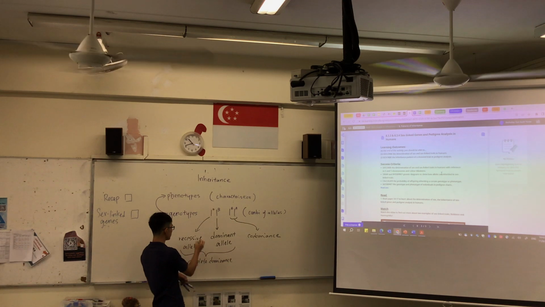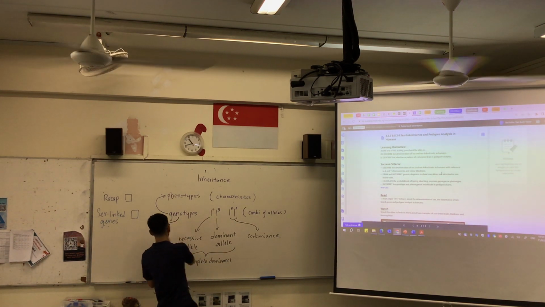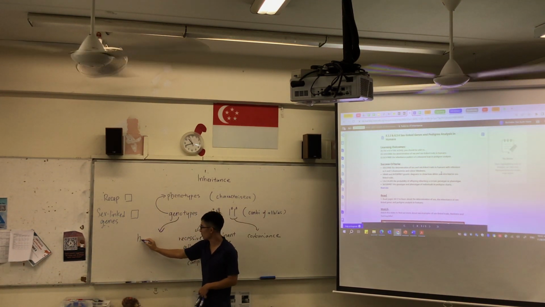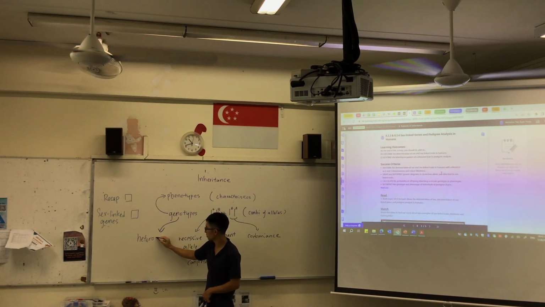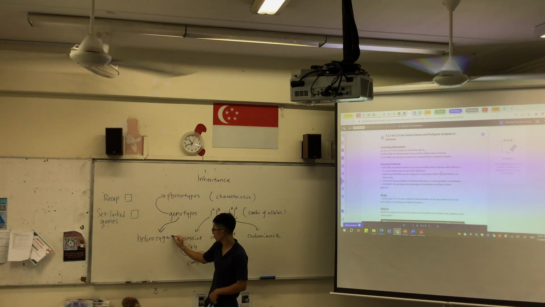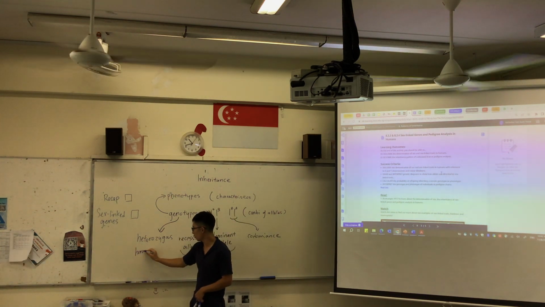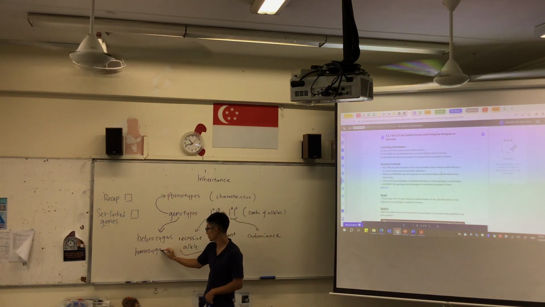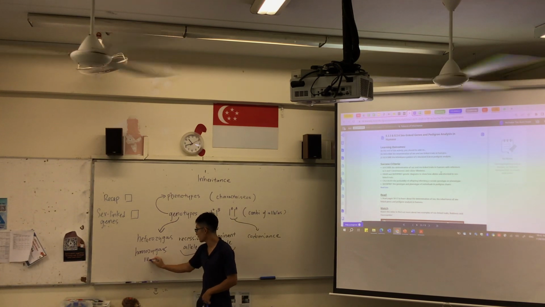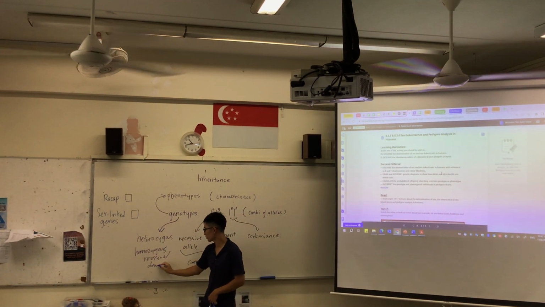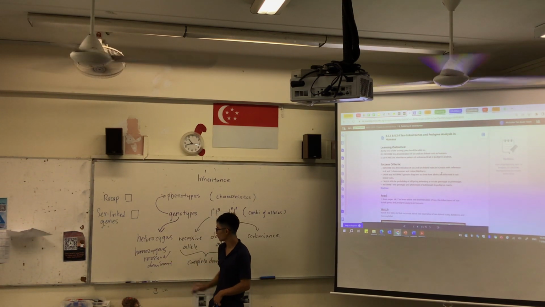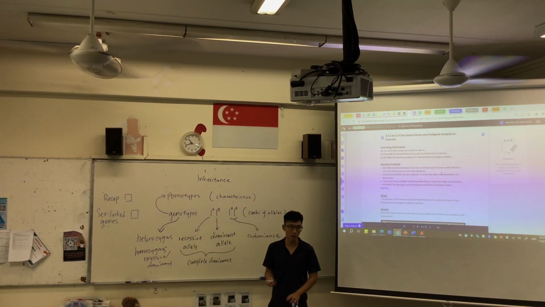So for example, words to use to describe genotypes, you can have heterozygous, you can have homozygous, recessive, or dominant. Okay? Words you can use to describe genotype.